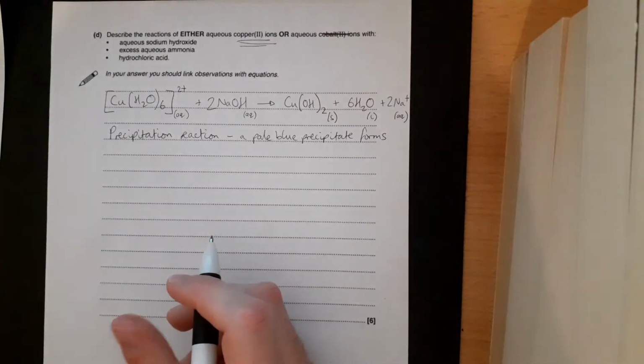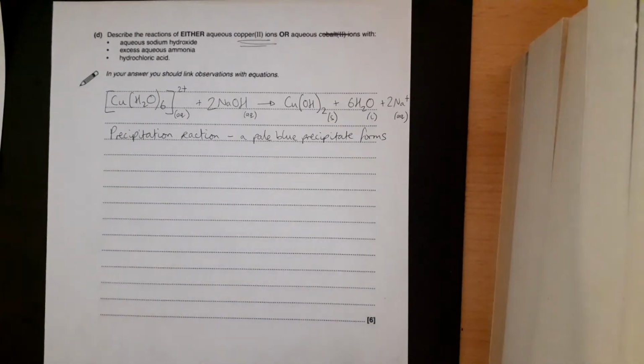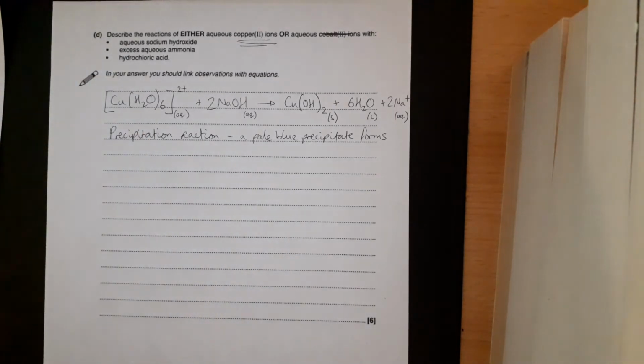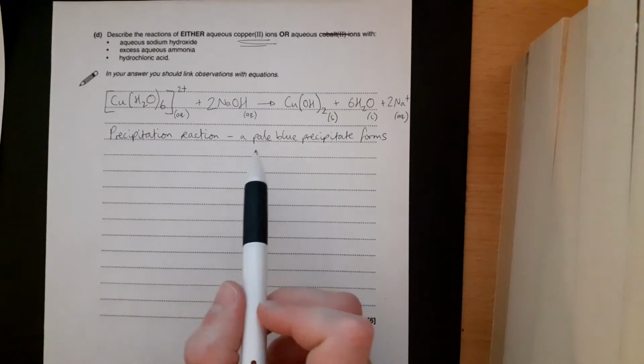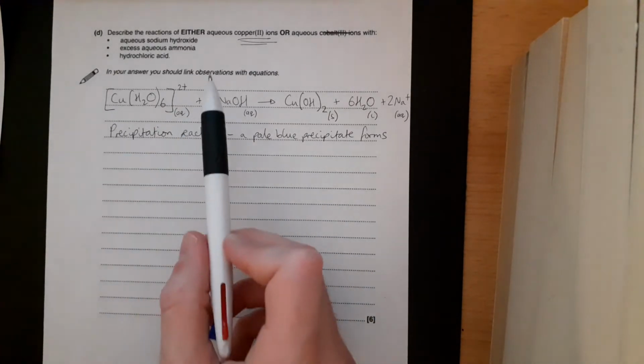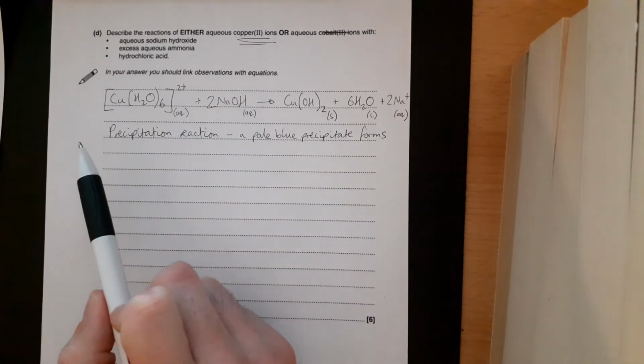You can see we've got 6 marks here for 3 reactions, so it's 2 marks each: 1 mark for the equation, and 1 mark for saying we get a pale blue precipitate, because that's the observation and that's the equation.